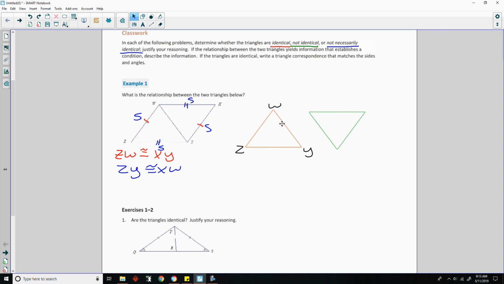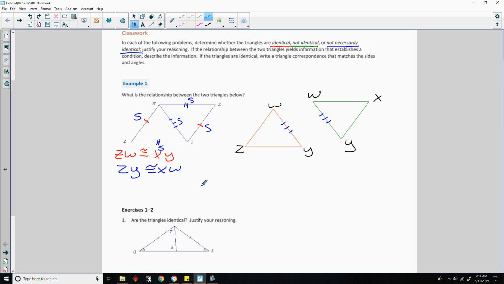So this is the triangle ZWY over here. And now I've labeled this triangle, so if I move this back to where it was, W, Y, and X are in the right labeling. So they were together like this. So as you can see, if I move these apart, YW is equal to itself. They share a common side right here, which is another side.